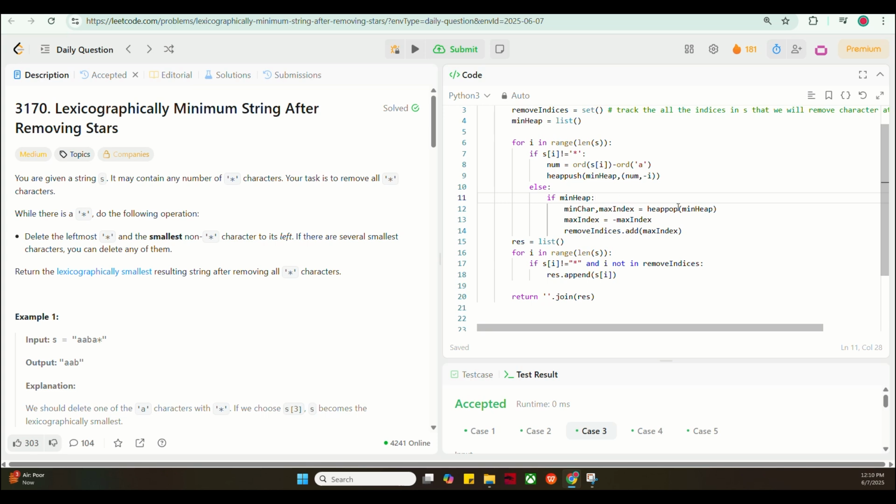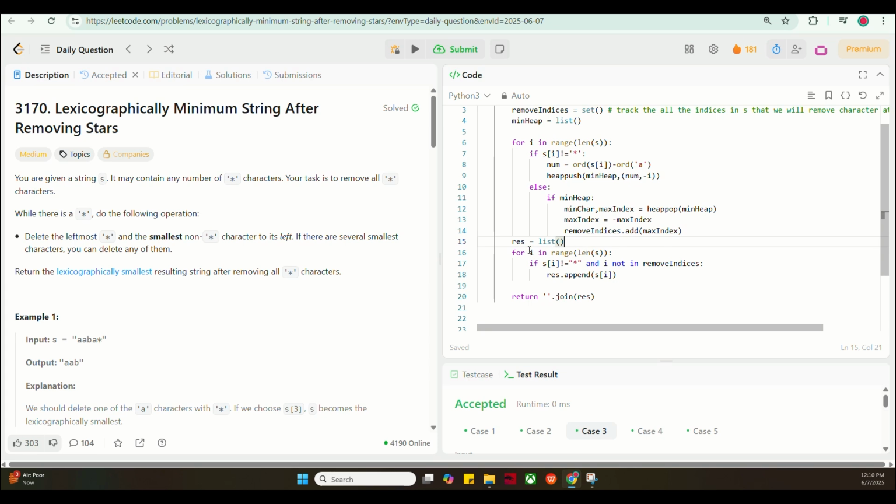If we encounter a star character, we pop the current top of the heap as the current smallest character and its rightmost occurrence, and we record the index into remove indices.